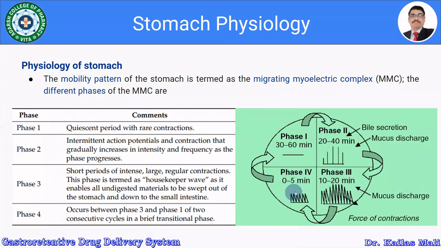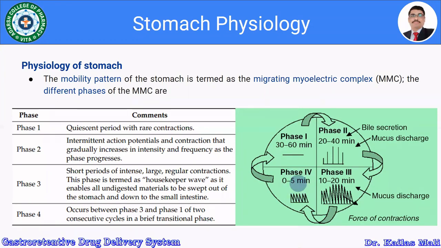Phase 4, which is very short, 0 to 5 minutes, occurs between phase 3 and phase 1 of two consecutive cycles as a brief transitional phase.